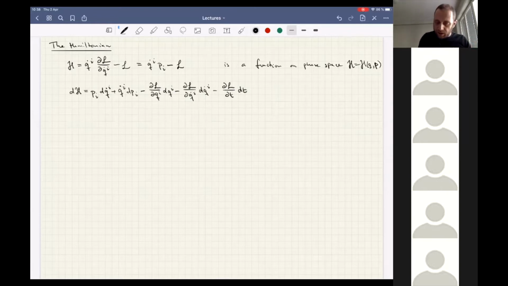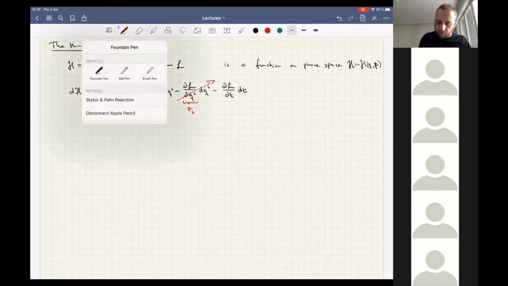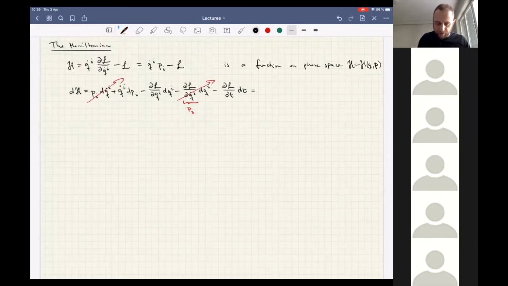And now we see here what I just said, that this here is the definition of pi. So this term is going to cancel this term. So what I will be left with here is q dot i dpi minus, and if we look at this term now, let me use red for that, this ∂L/∂qi.